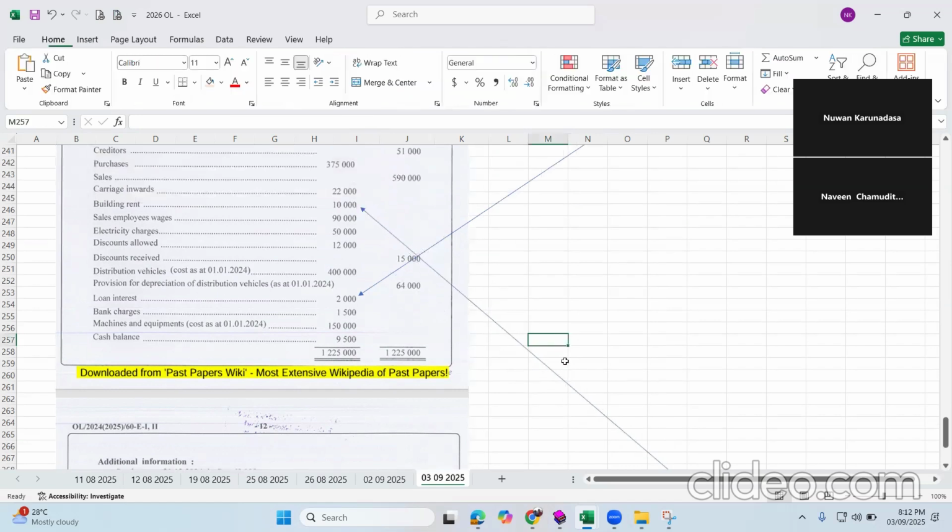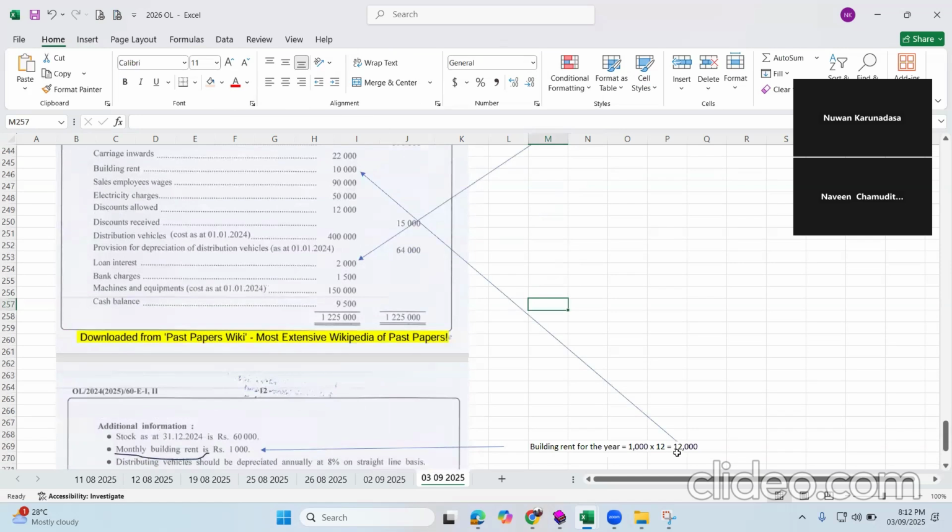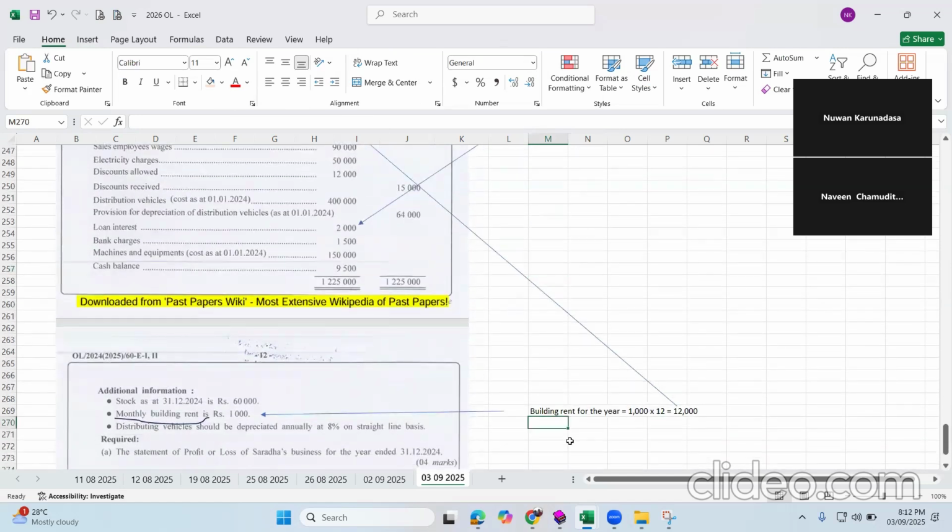Building rent for the year is 12,000, but paid only 10,000, so unpaid or accrued. Accrued means unpaid. Accrued building rent equals 12,000 minus the paid amount 10,000 equals 2,000.